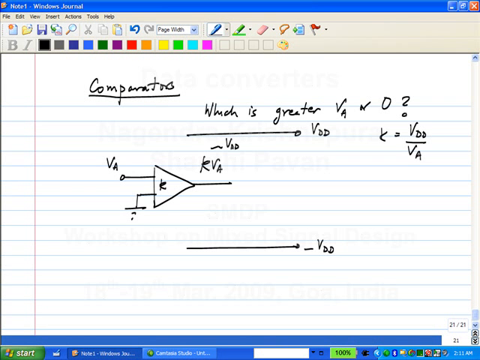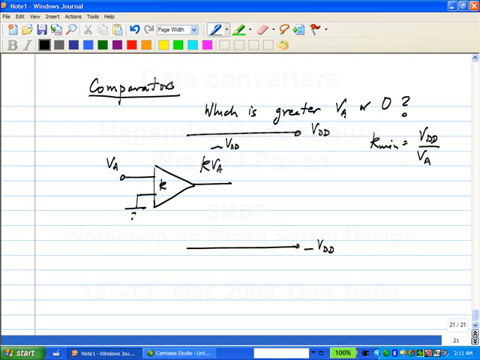Correct? K min is VDD by VA. In other words, any voltage at VA which is smaller than VDD by K, what happens?